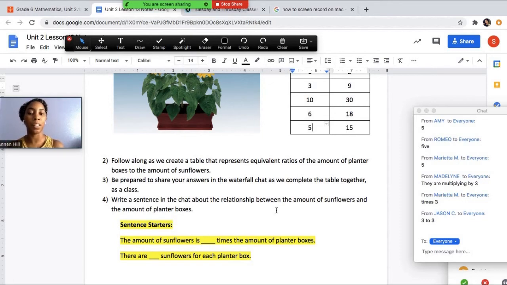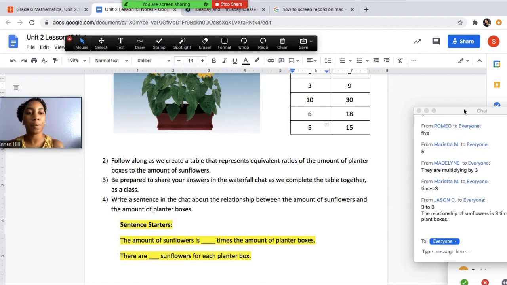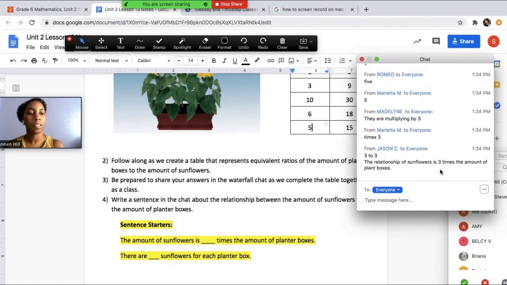You can say it in your own words, or you can use one of these sentence starters. Oh, and for this one, you guys can press enter at any time.